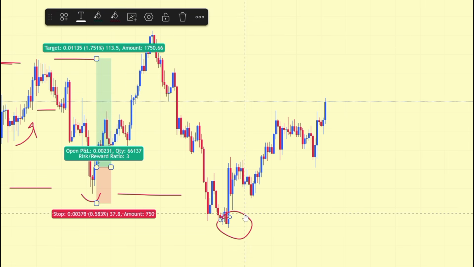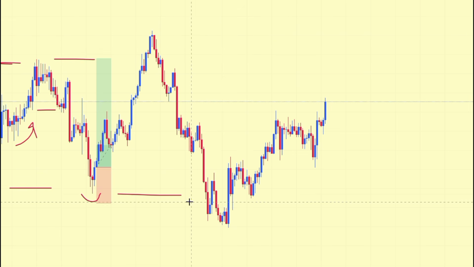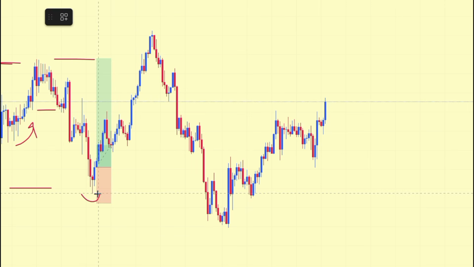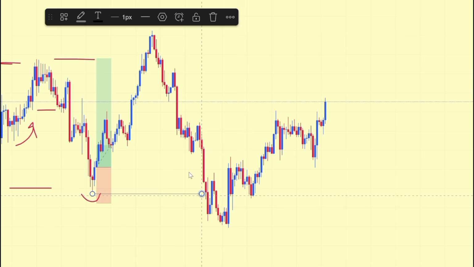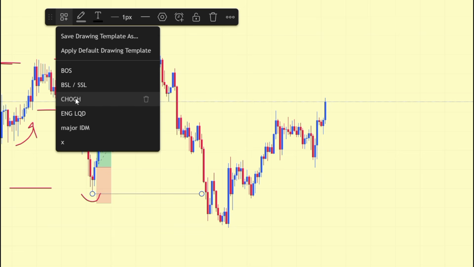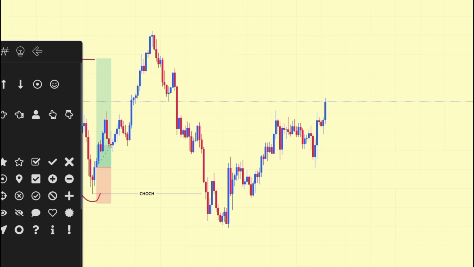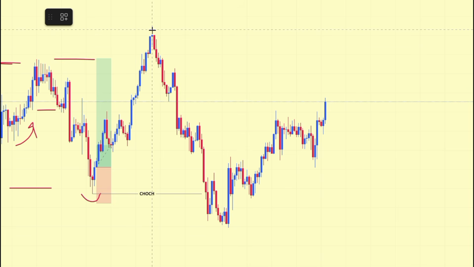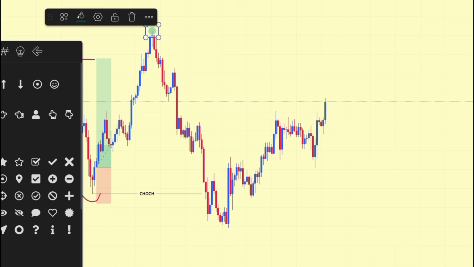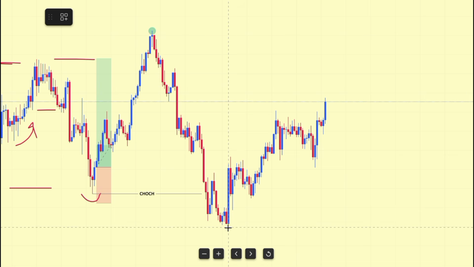We can clearly see that our change of character was exactly right here, so let me mark it clearly. This one here was our change of character, and our swing point high is that one there, and our low after the change of character is this one here.